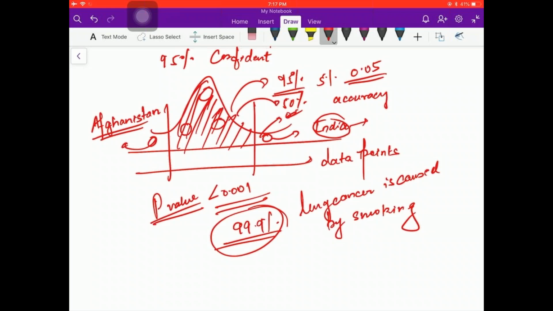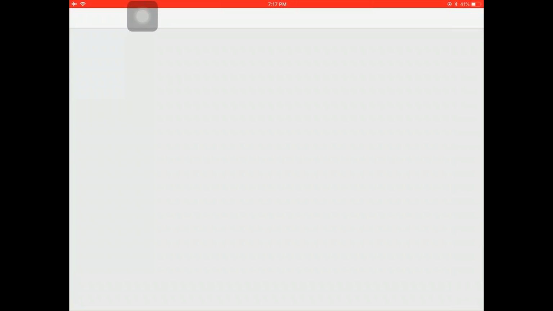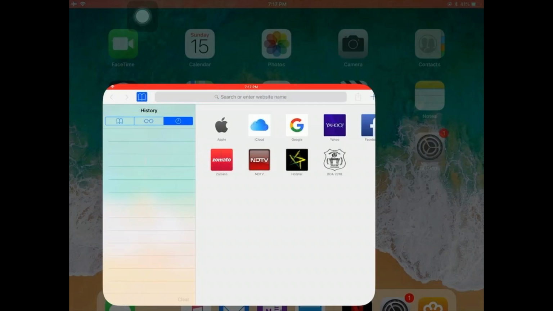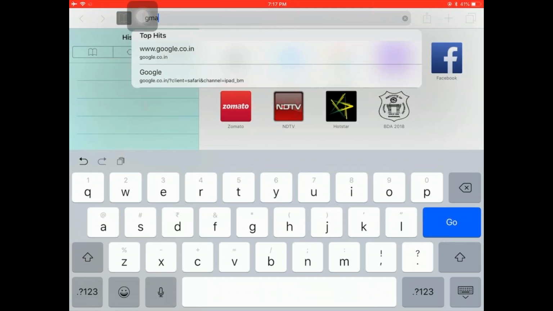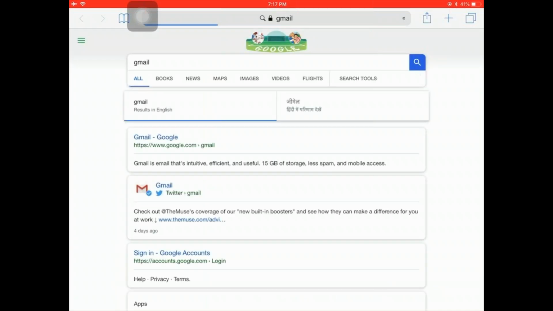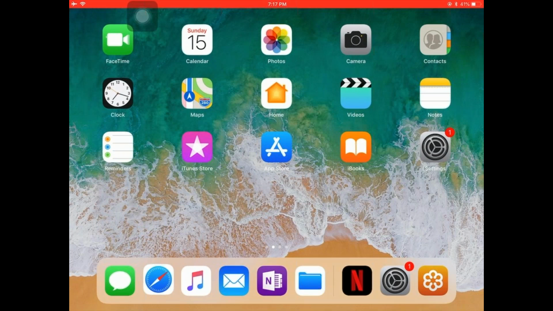Let me open it. Very simple, small quiz. Just a second. Gmail. Oh, switch. I'll just stop the broadcasting.